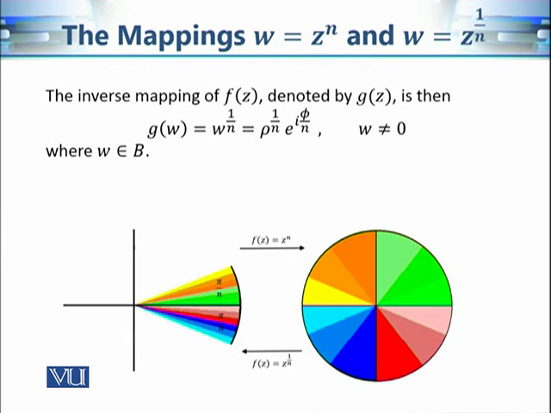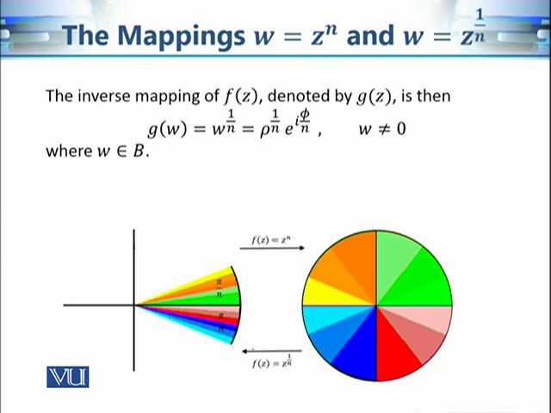Now if we restrict the domain of this inverse map to the whole unit disk: just as when we applied z raised to power n on this sector we got this whole disk, if we apply this inverse nth root mapping on this whole disk, we will get this sector, making an angle pi by n on both sides of the real axis.